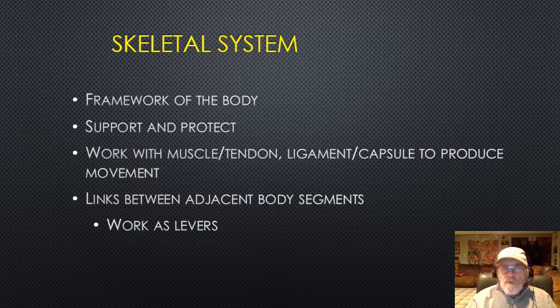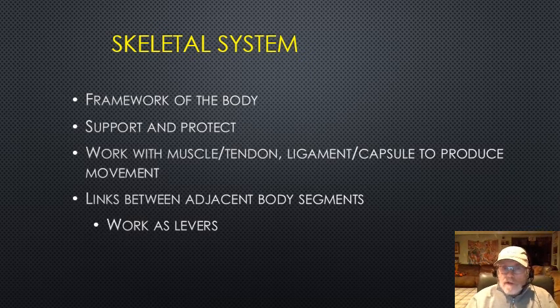So it's a framework not just for giving us a particular shape, but also a framework to allow function to occur. When we do work and we do things, basically it's one bone that's articulating or joining another at a joint, and it's moving by muscles. Okay, so those bones are there for a specific purpose, not just by how we look, but also in function.